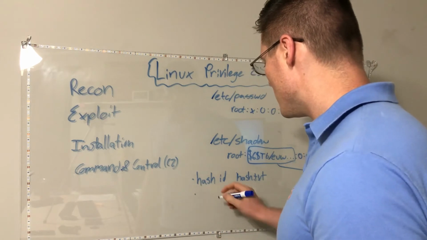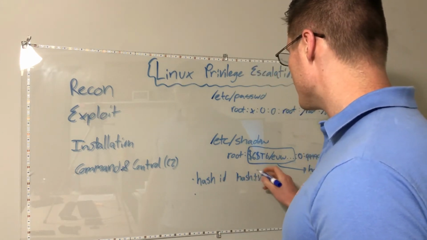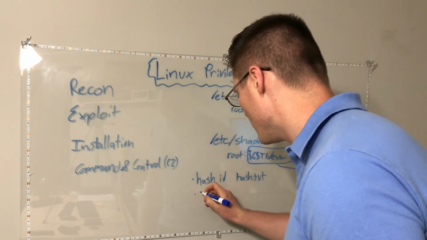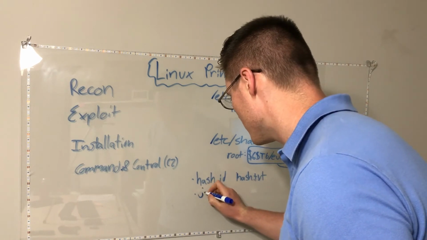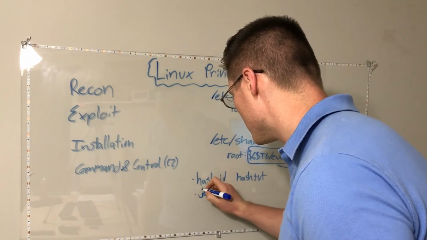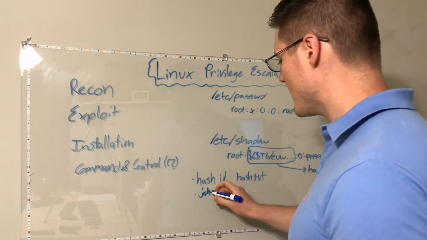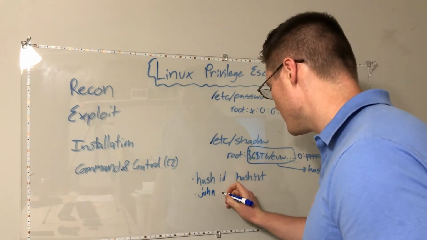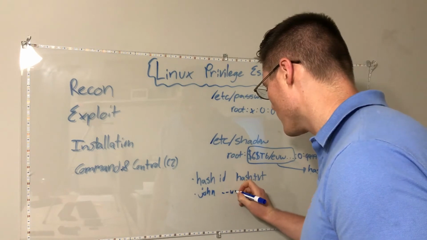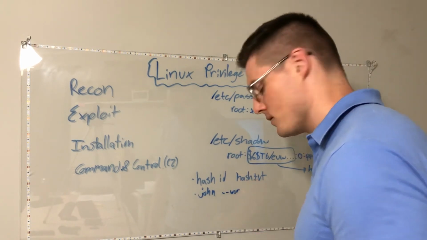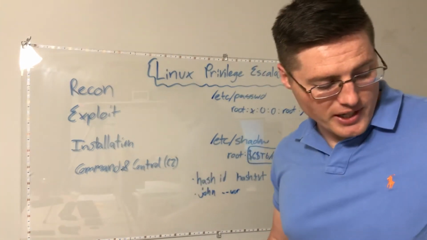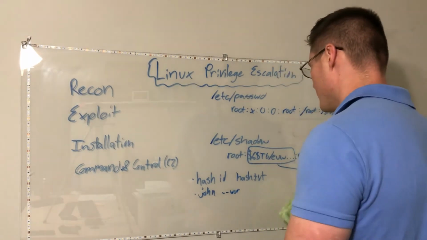So now we pass this text file to something called John the Ripper. You'll have to install that on your system, but essentially how it works is John then takes a word list. I'll make this bigger for you guys so that you don't have to strain.